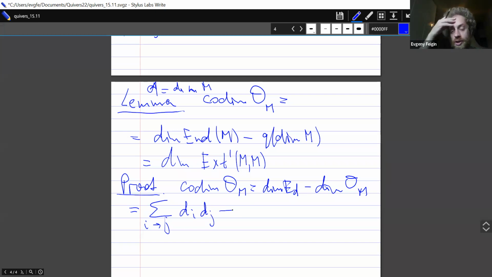Do we have any control on the size of the orbit of the representation? Is there some formula we can write in terms of some characteristics of M?